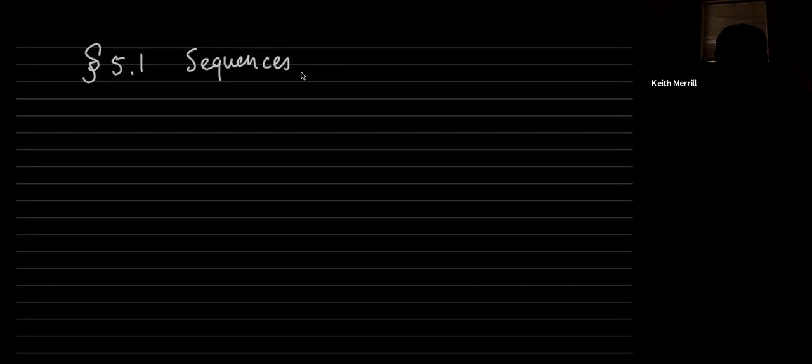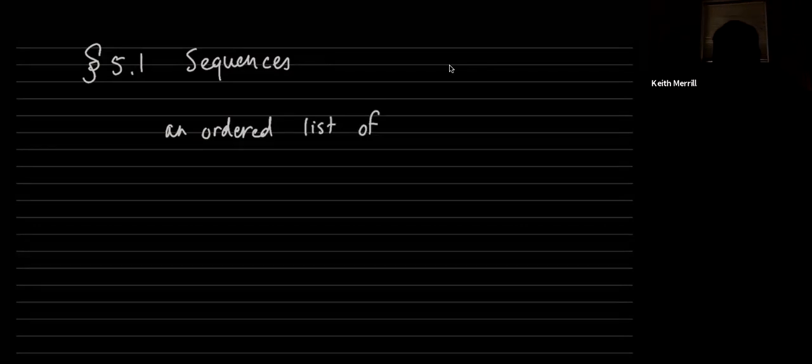So a sequence in mathematics is extraordinarily general. It is literally just an ordered list of real numbers.